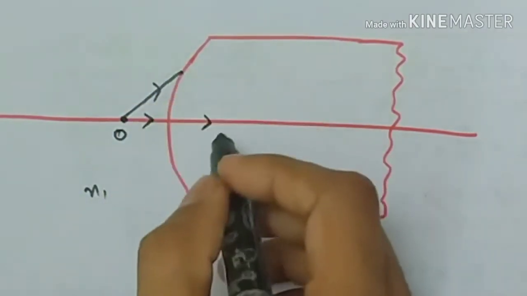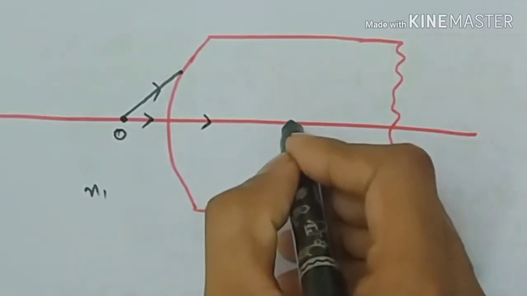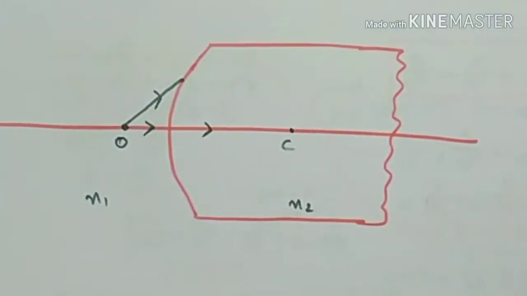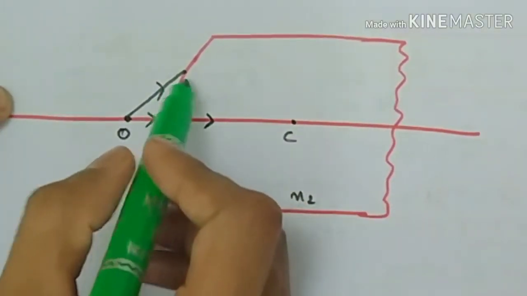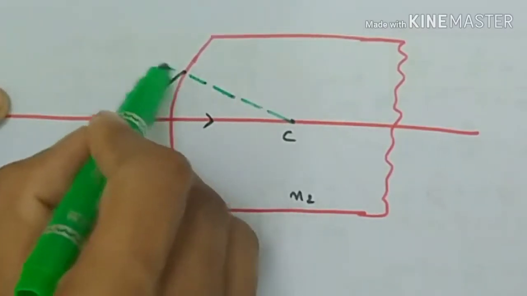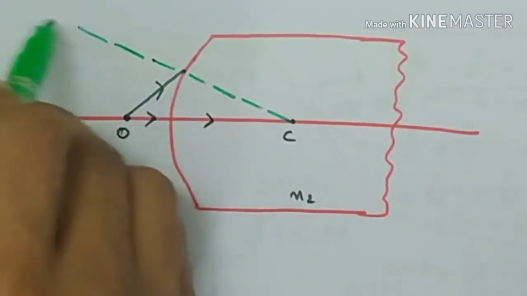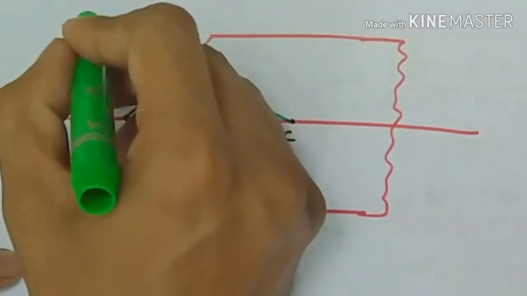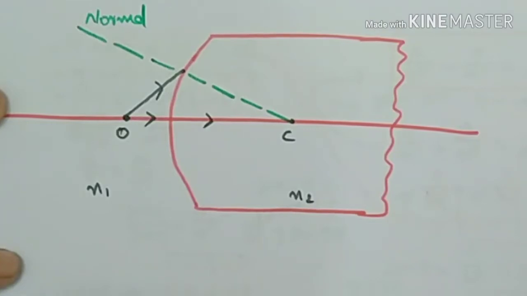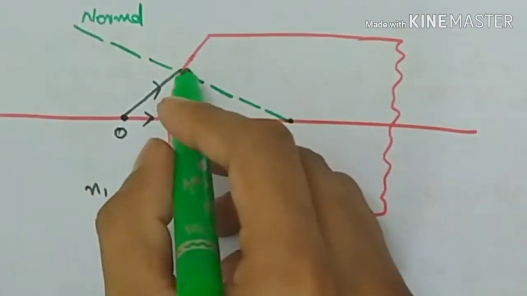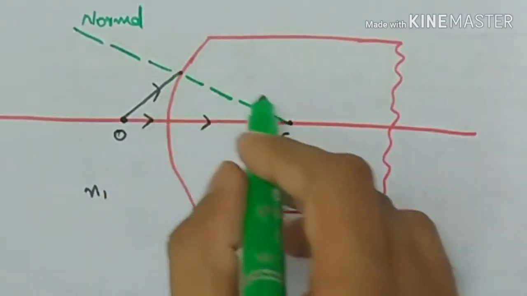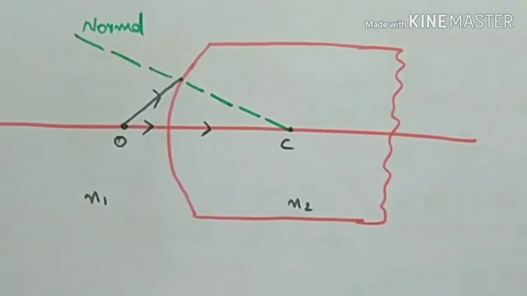Let this be our center of curvature, and let me draw the normal. It is the straight line from the center of curvature like this. This is our normal.